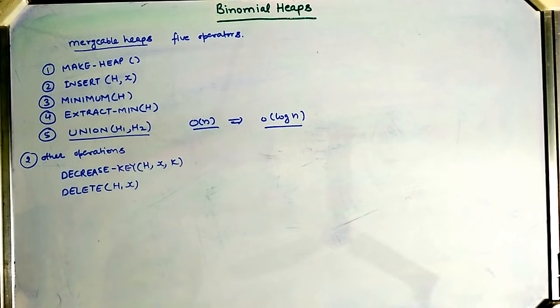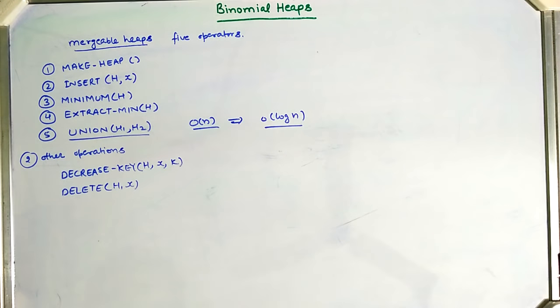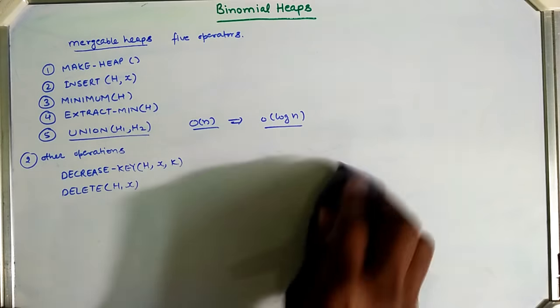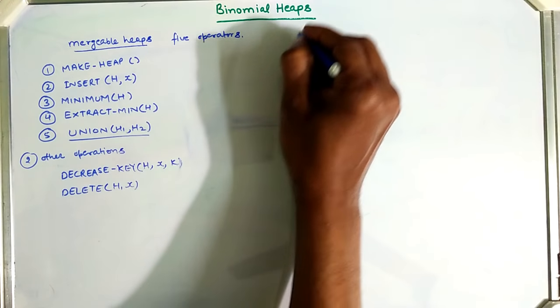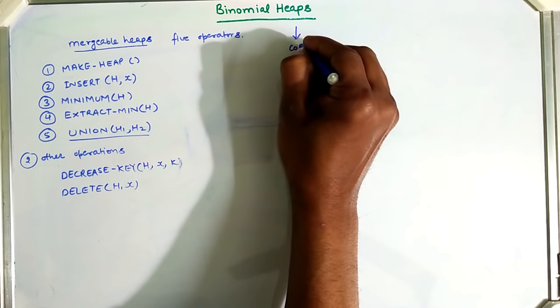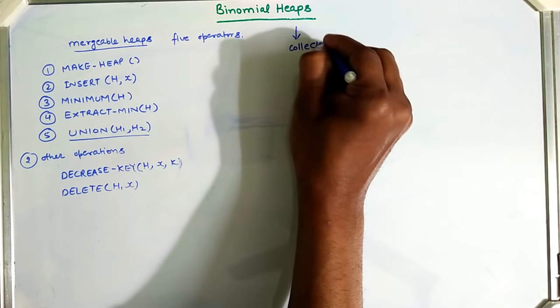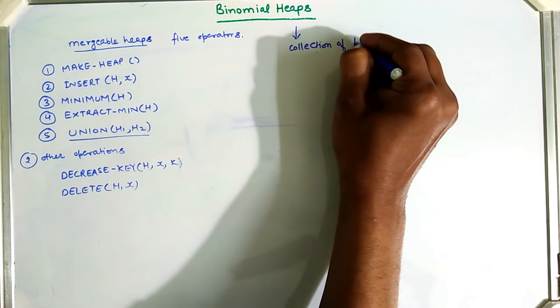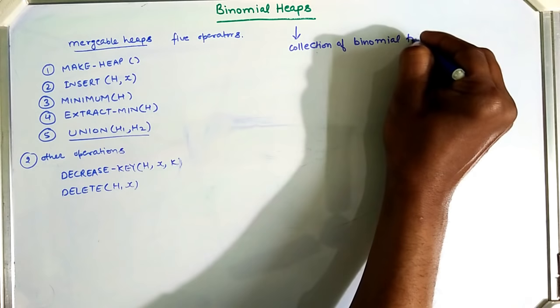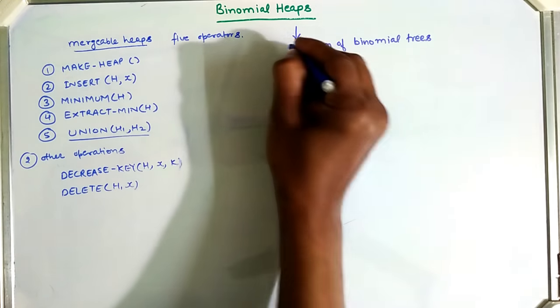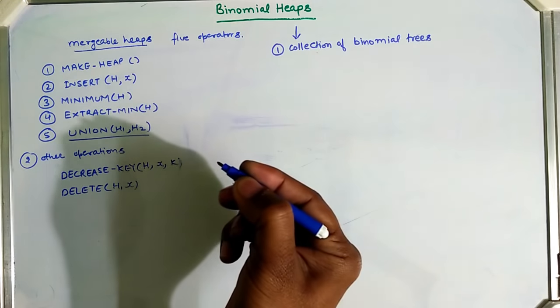So a binomial heap is nothing but a collection of binomial trees. This is the first thing we have to note down.